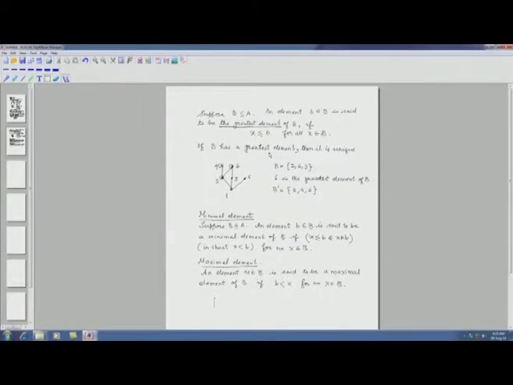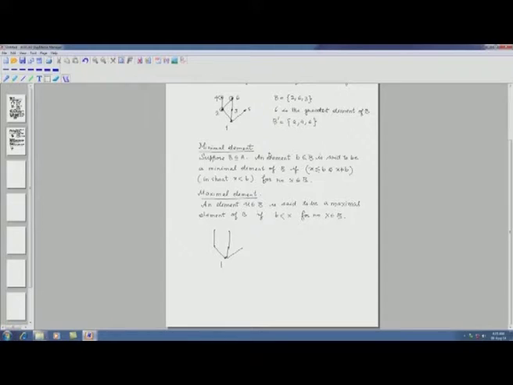So, I draw the Hasse diagram again. So, here we have 4, 2 going to 1 and then 6, 3 going to 1, we have 5. So, we numbered them. This is exactly what I drew above.